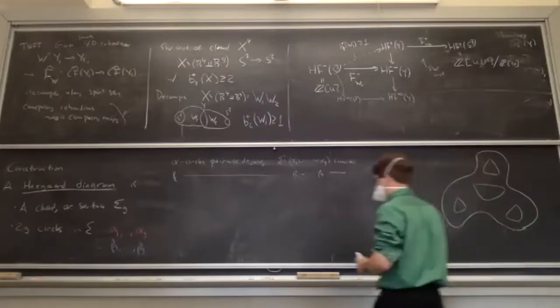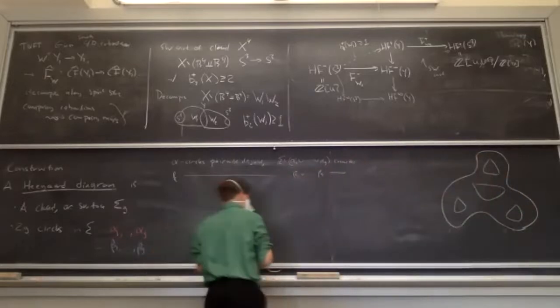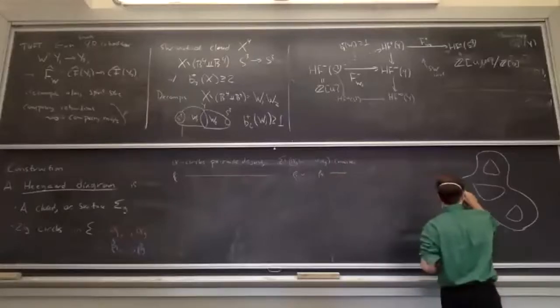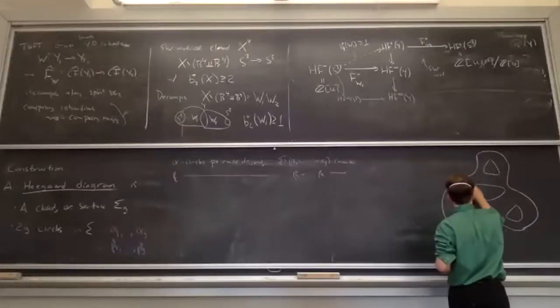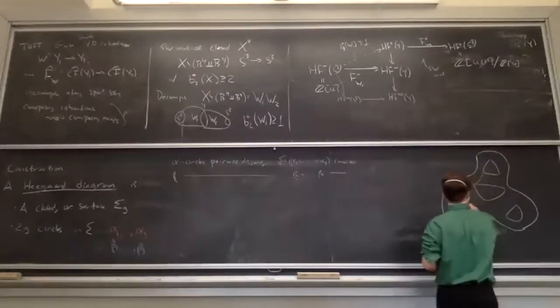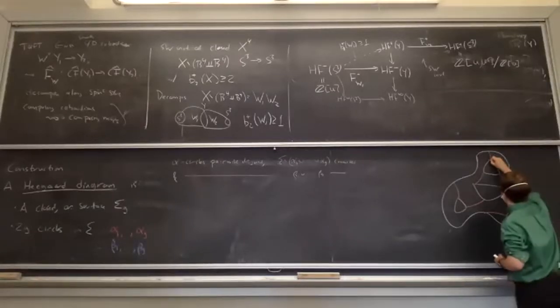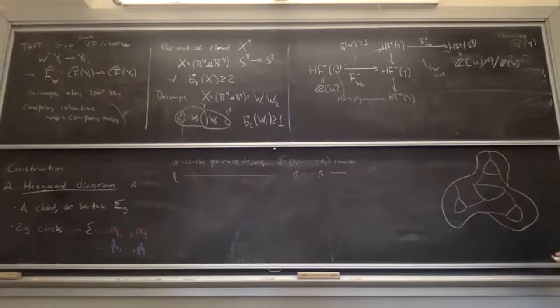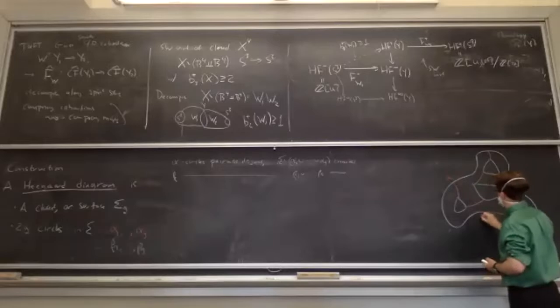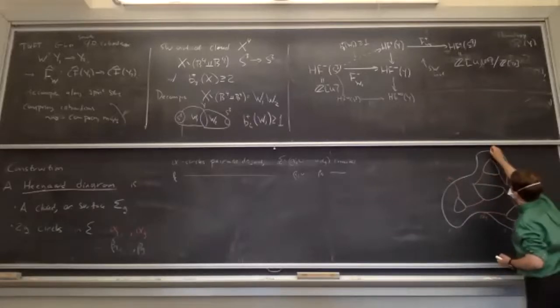I have drawn a surface of genus 4. It will look more like a surface of genus 4 in a moment. So here are some alpha circles: alpha 1, alpha 2, alpha 3, and alpha 4.